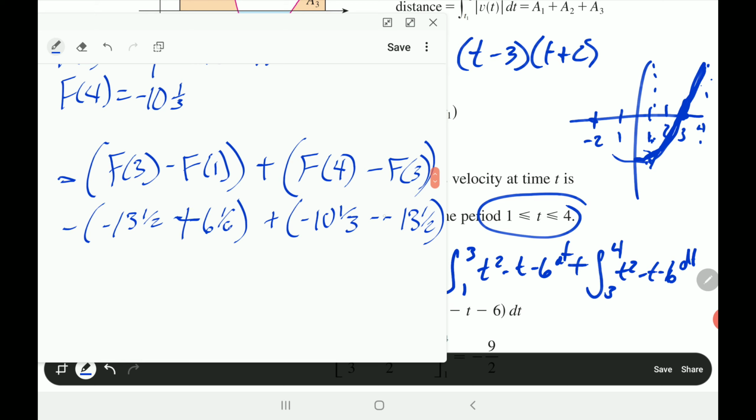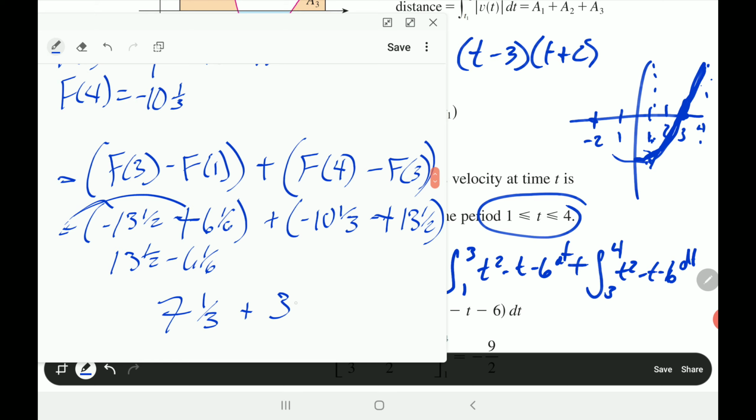So that's going to become positive, that's going to become positive. I'm just going to distribute the negative through to make things easier. So it's going to become 13 and 1/2 minus 6 and 1/6. So 13 minus 6 is 7. 1/2 minus 1/6 is 1/3. All right. Negative 10 and 1/3 plus 13 and a half, so it becomes 13 minus 10, which is 3. And 1/3 minus 1/2.